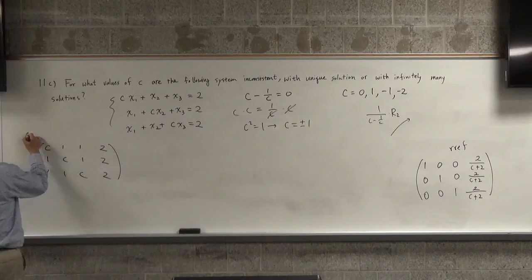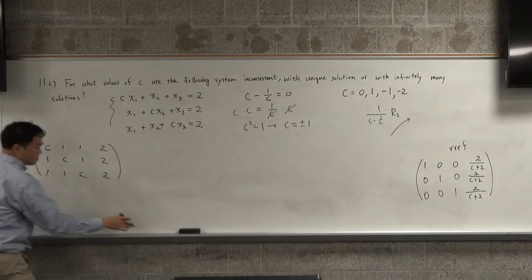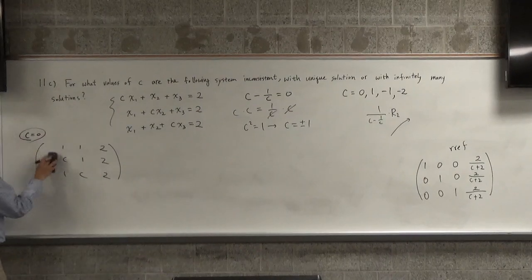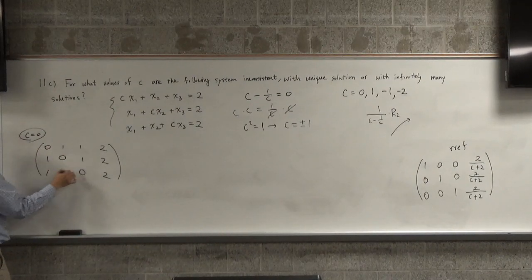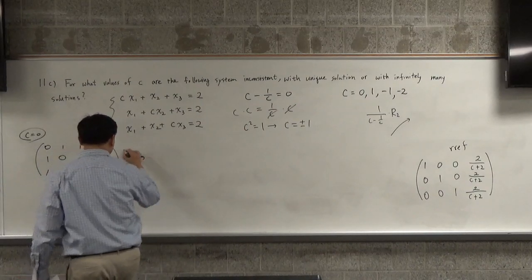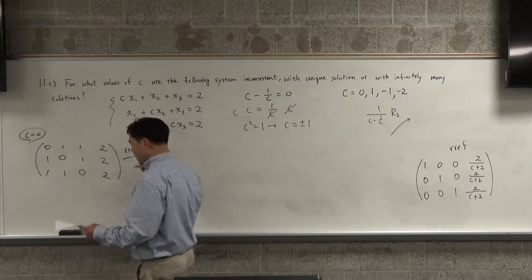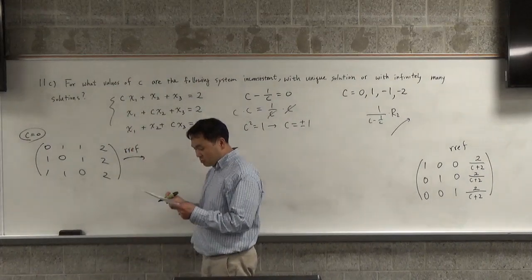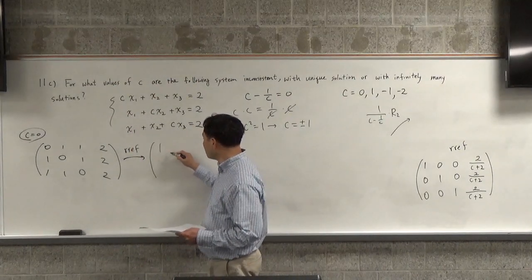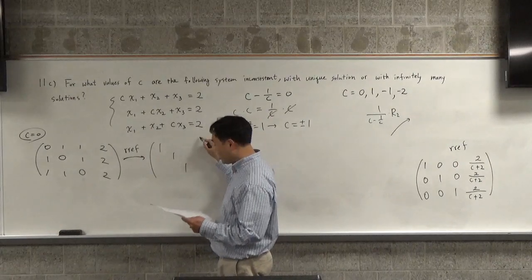So when c is equal to 0, solving this to REF form, after doing many steps, you get 1, 1, 1, and 1, 1, 1.